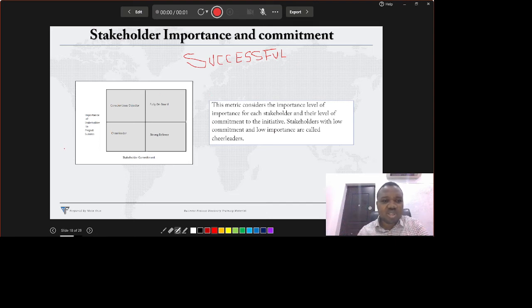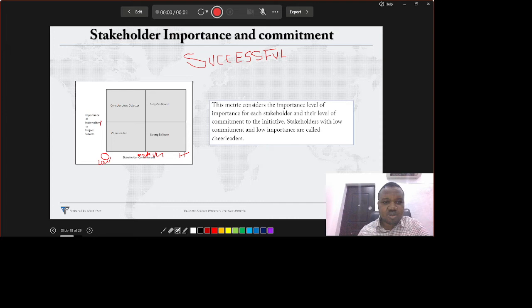And like we did with the power and interest grid, we start from ground zero. We call it low, we have the medium, and definitely we have the high.